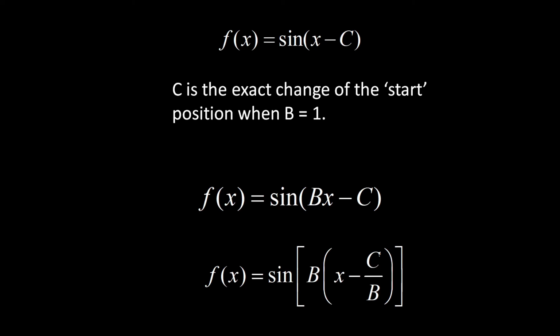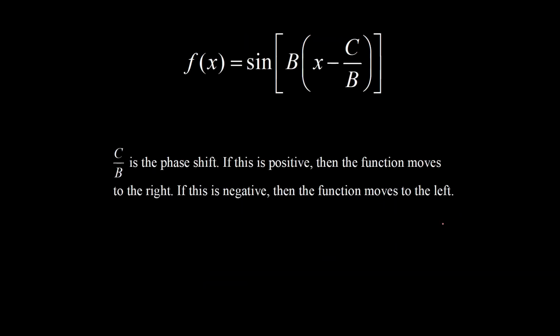And once we do that, we now have this form of x minus a number. x minus a number means this is the exact phase shift. So the exact phase shift, the amount we move the function left or right, is c over b.